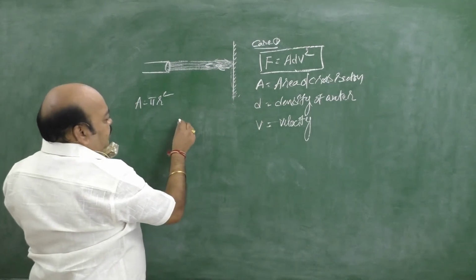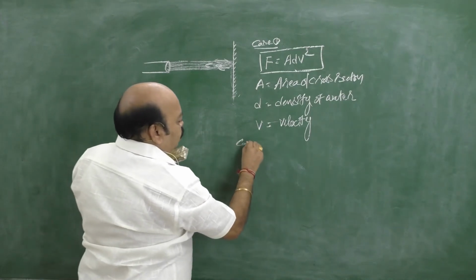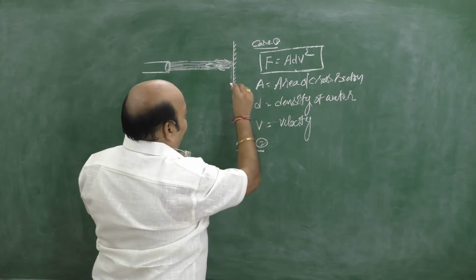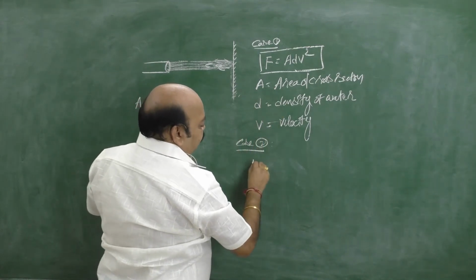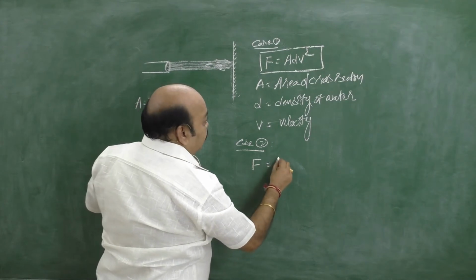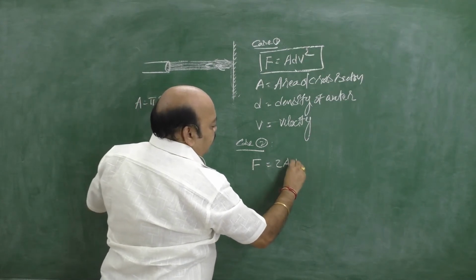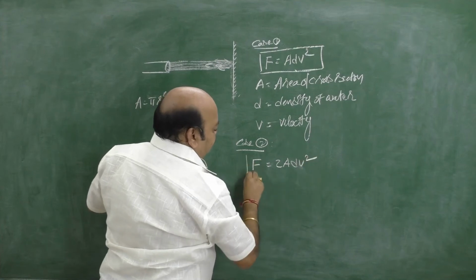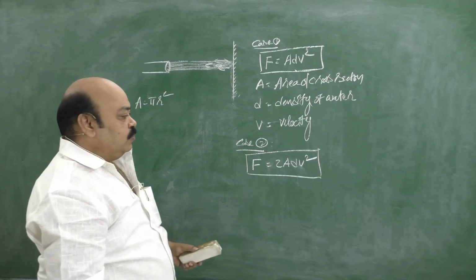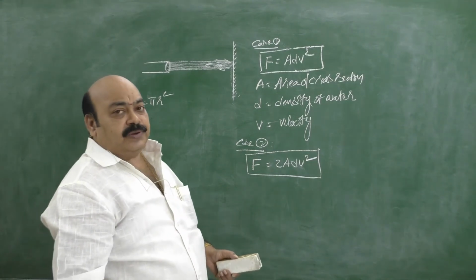Here the force exerted on the wall is case 2. What is case 2? When water rebounds, then the force acting on the wall is given by 2AdV square. It's a very shortcut and very time saving technique. F is equal to 2AdV square.